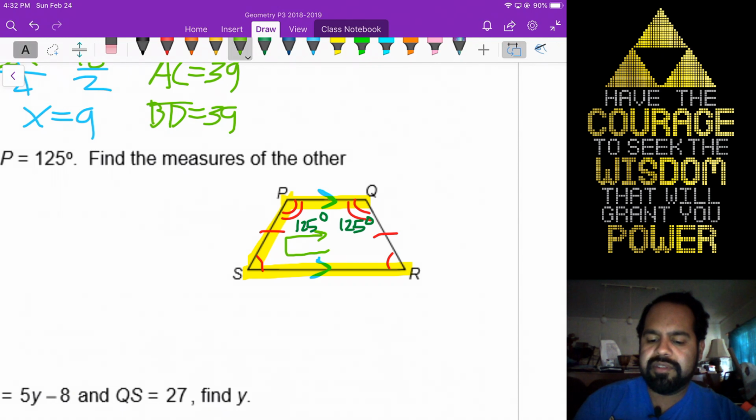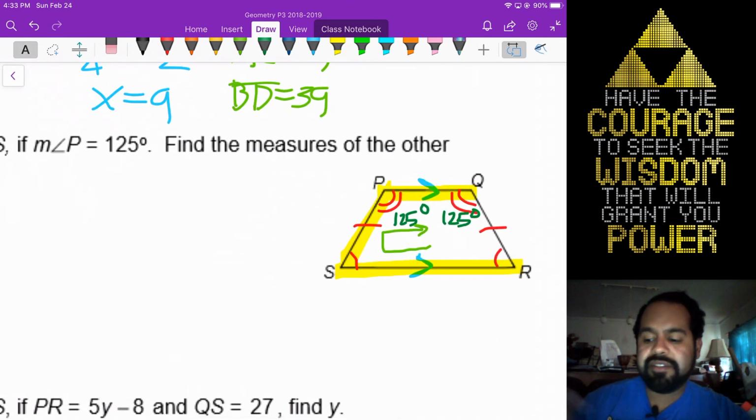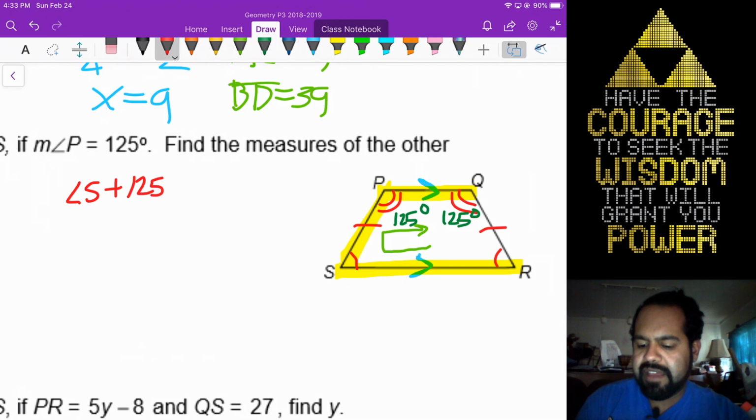That means that those two angles that are next to each other need to add up to 180 degrees. So let's say angle S plus 125 equals 180. So then that should be angle S equals 55 degrees. So this is 55. This is also 55.